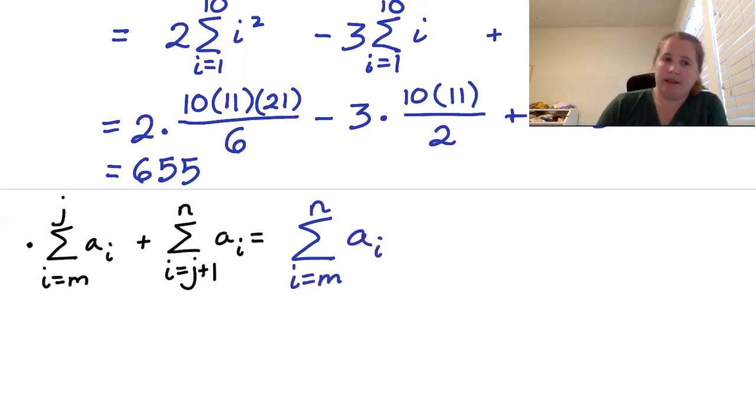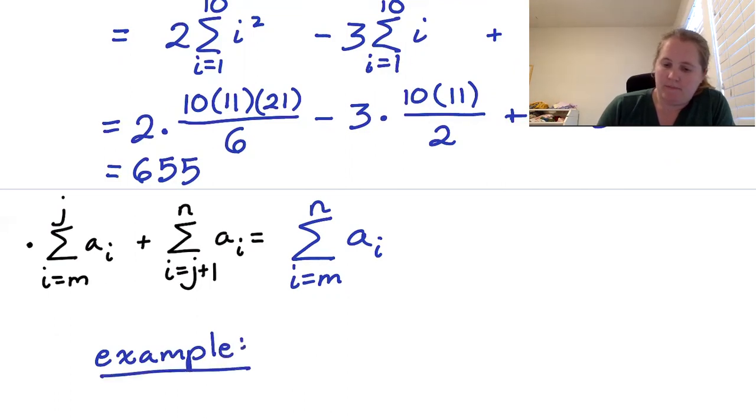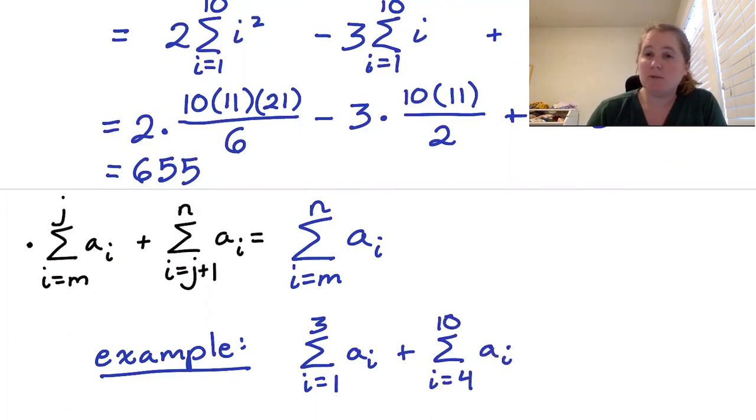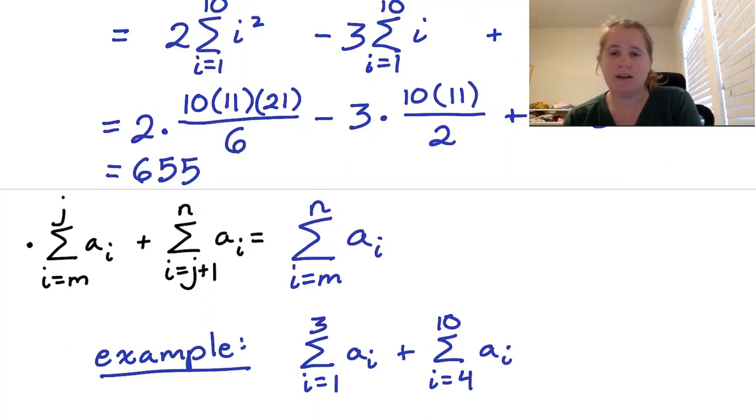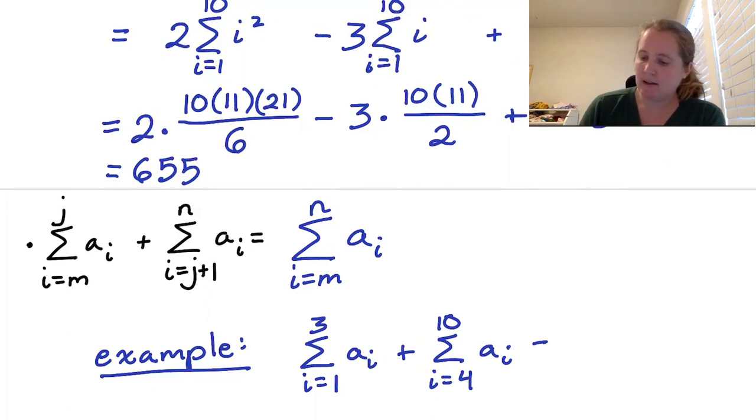So essentially what we're seeing, for example, if we had the summation from i equals 1 to 3 of a sub i, and then the summation from i equals 4 to 10 of a sub i. Well, this first summation would be a1 plus a2 plus a3, and then from the second we would have plus a4 plus a5 all the way up through plus a10. We just have the whole set from i equals 1 to 10 of a sub i.